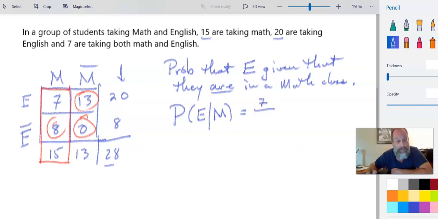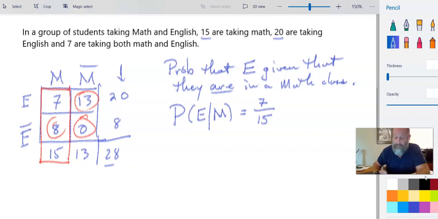And then the total number of people taking a math class is 15. And so what I end up with for a probability is 7/15, because of the people that are taking math classes, 7 are also taking English, right? There's 15 people taking a math class, 7 of them are taking English as well. So if you're guaranteed that the person you're choosing is a math student, that means all you look at are the math students, and that becomes your new universe. That becomes your new sample space, just for the sake of this particular probability. So it's kind of a nice way to look at things.